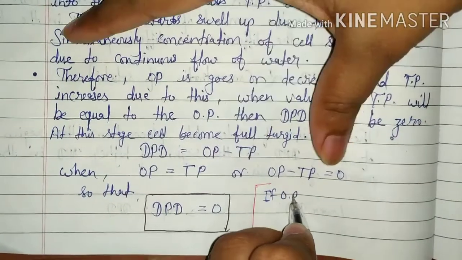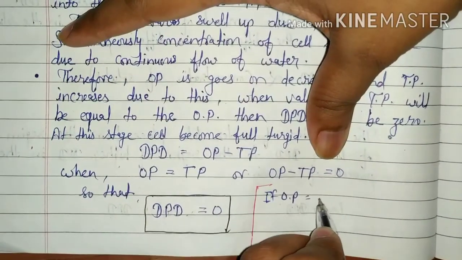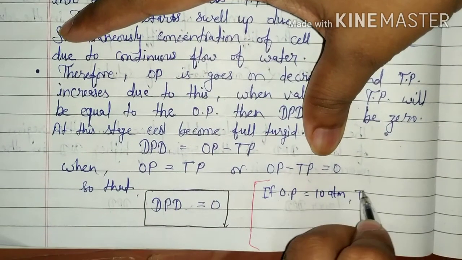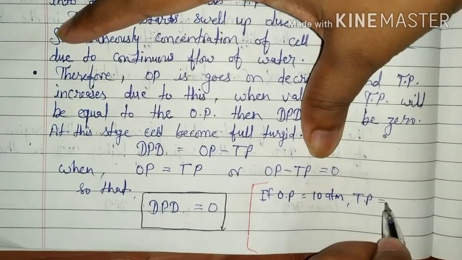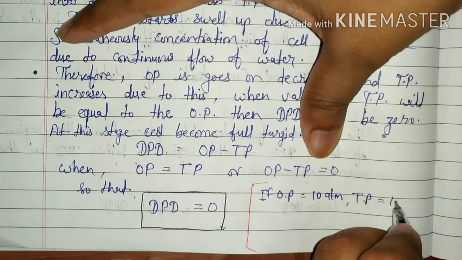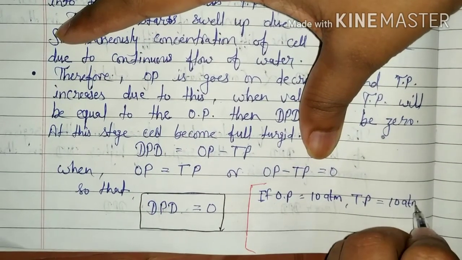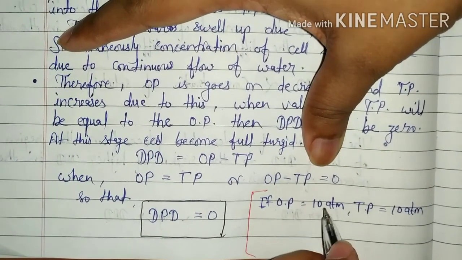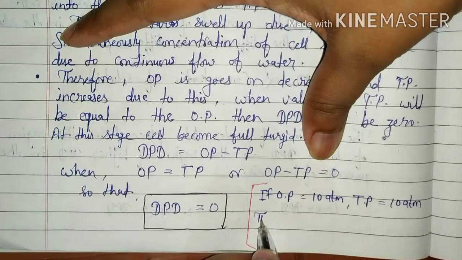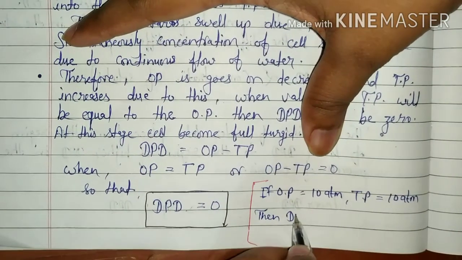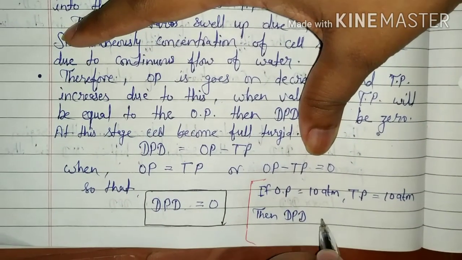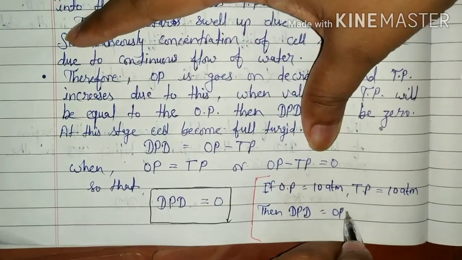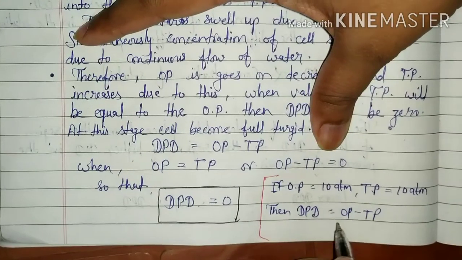If osmotic pressure is 10 atmosphere and turgor pressure is 10 atmosphere in a plant cell, it means OP and TP both are equal, then DPD is equal to OP minus TP.